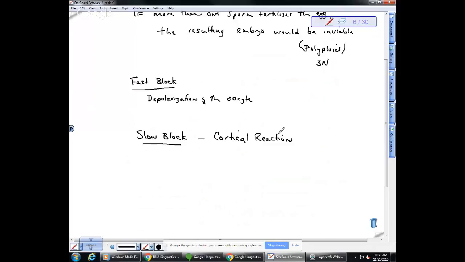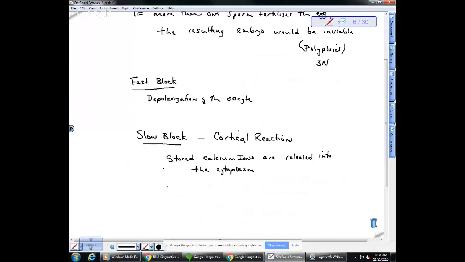So this is where that depolarization then subsequently causes the release of stored calcium ions. So we'll say that there are stored calcium ions in the oocyte, and they're released into the cytoplasm of the oocyte from the endoplasmic reticulum, okay?